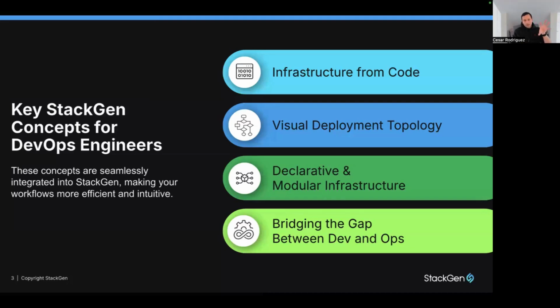Everything within this visual topology is backed by the next bullet, which is declarative and modular infrastructure. So our idea here is that within the topology that we design, we're always going to have declarative templates backing that topology.